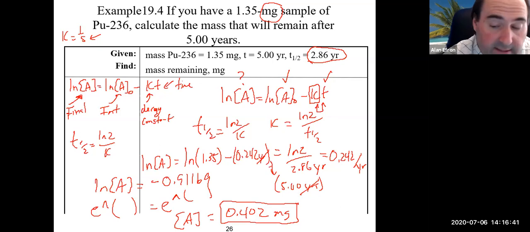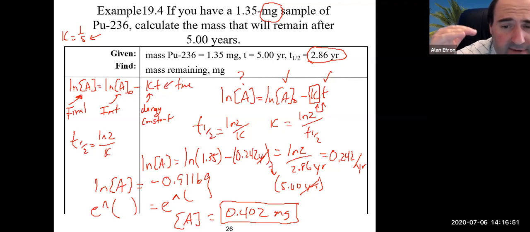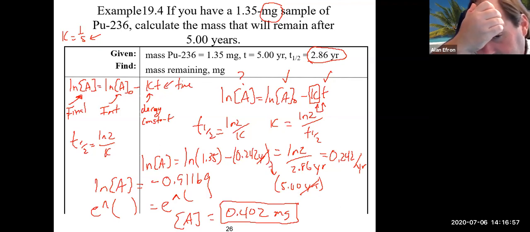A couple of things on that. It should make sense in the sense that we ended up with something that is less than what we started with, since it's going through a decay cycle. If we ended up with more than what we started with, that probably would not be good. So it should be going down as we go through here. Any questions on that?